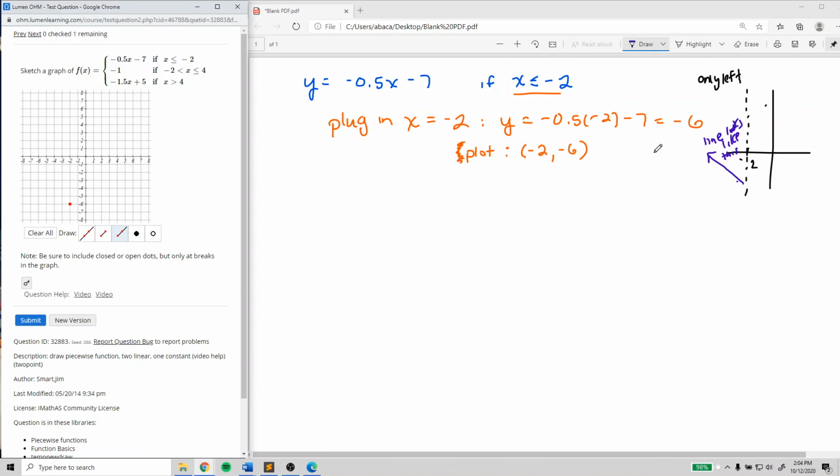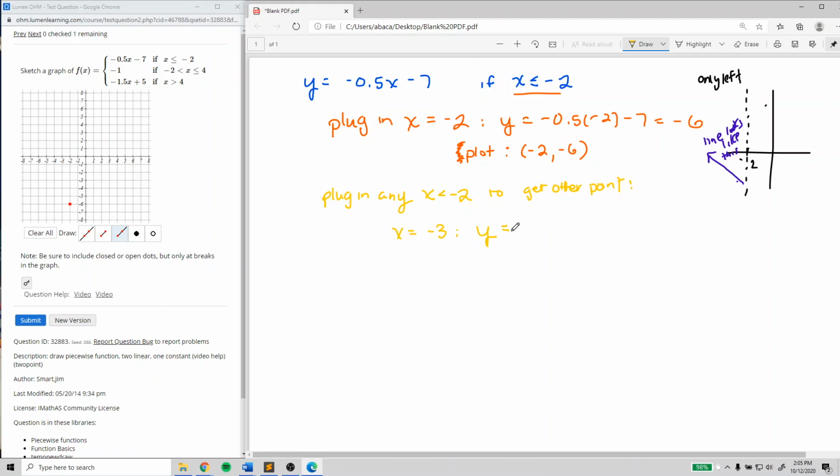All you have to do is plug in another number for x to the left of negative 2, less than negative 2: negative 3, negative 4, negative 5, whatever, those will all work. I'm going to choose negative 3 just because it's the next one.